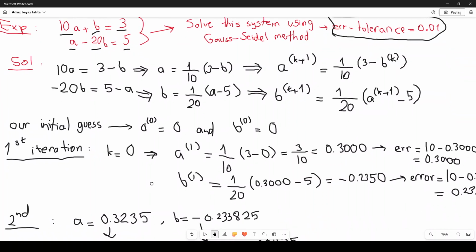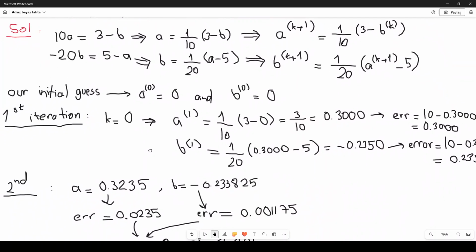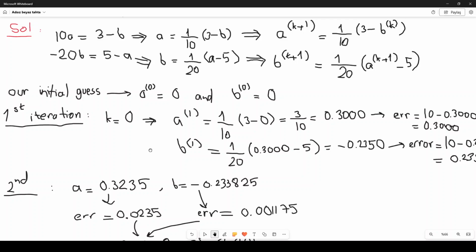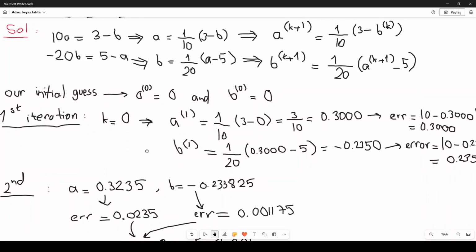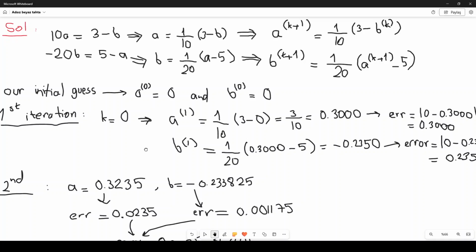Now we will try to converge to the exact solution by applying this Gauss Seidel method. And what is the very first step to take? Well, the very first step is, in each equation, we rewrite these equations with respect to one unknown variable and then try to construct an iterative formula that we can use.